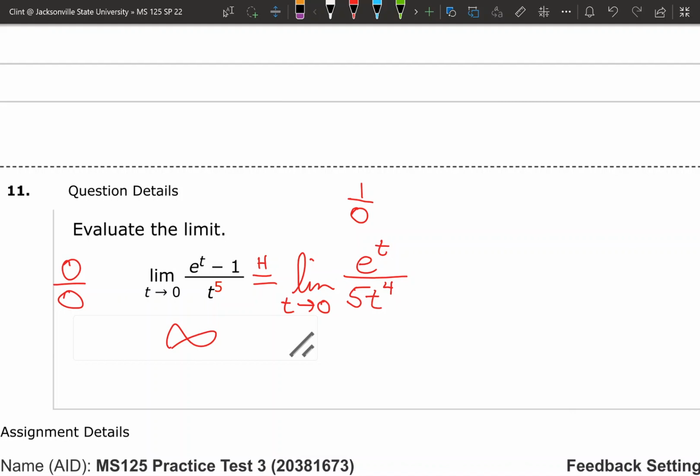So really the graph we should be thinking about is not 1 over x. We should be thinking about the graph of 1 over x squared, and the difference there is it goes up on both sides, so it is infinity. Okay. All right.